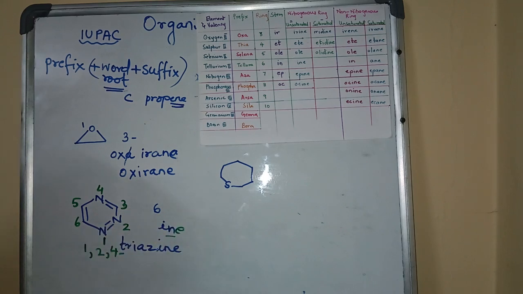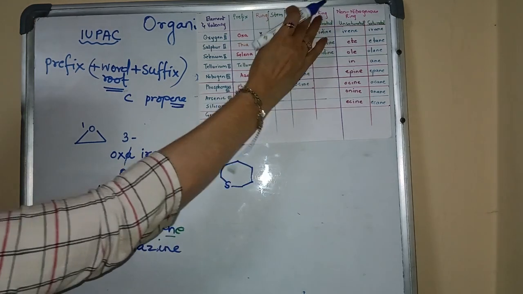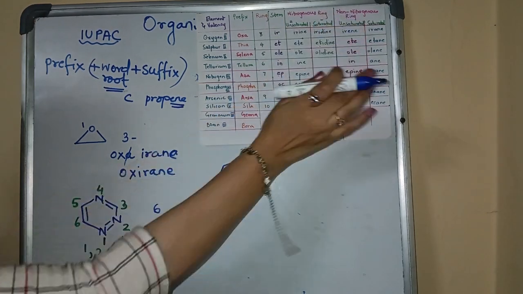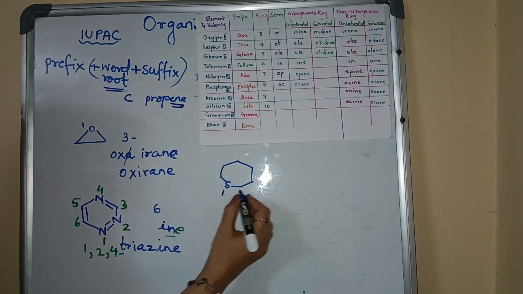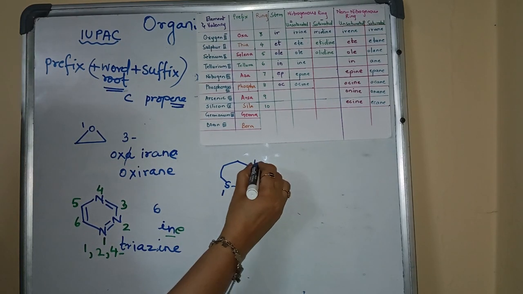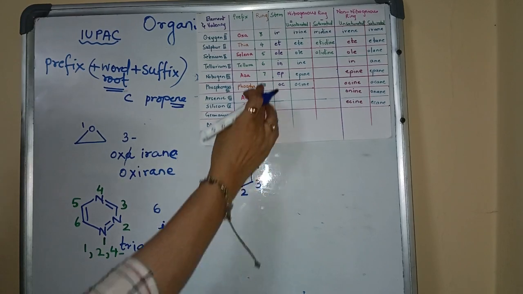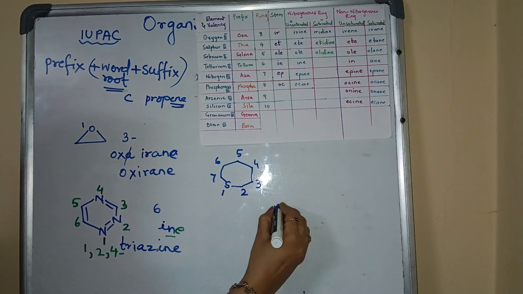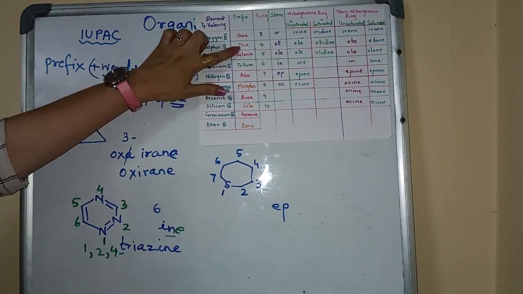Let us do one more compound. It contains sulfur as the heteroatom. No nitrogen is present, so we will have to consider this. Now first of all, let us see the number of atoms, because directly we can number 1, 2, 3, 4, 5, 6, 7. It is a 7-membered ring, so the stem will be EP. It contains sulfur, so the prefix will be thia.